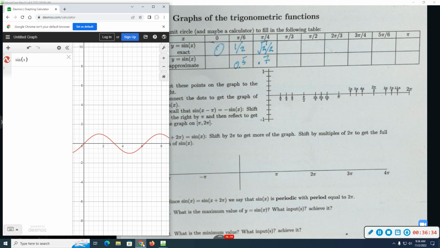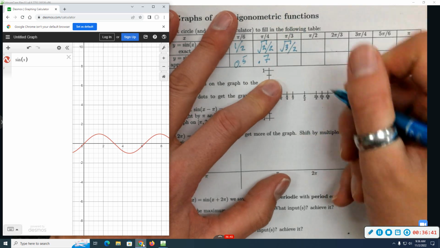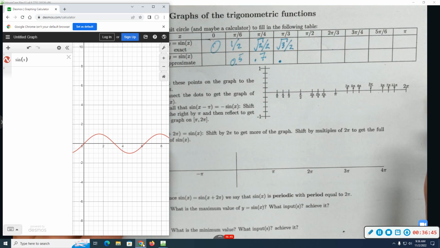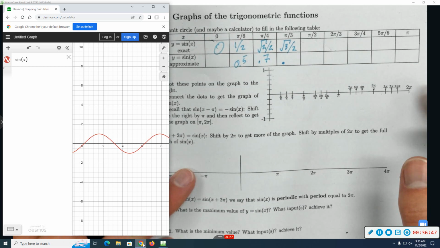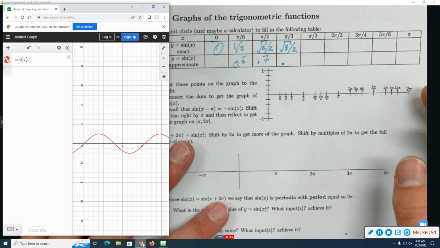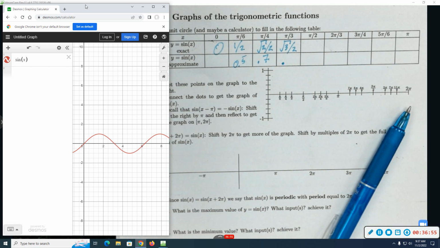Pi over 3. Root 3 over 2, which is about... I mean, this isn't the type of thing that you should just have off the top of your head. I was anticipating people taking out machines, but I could do that too.